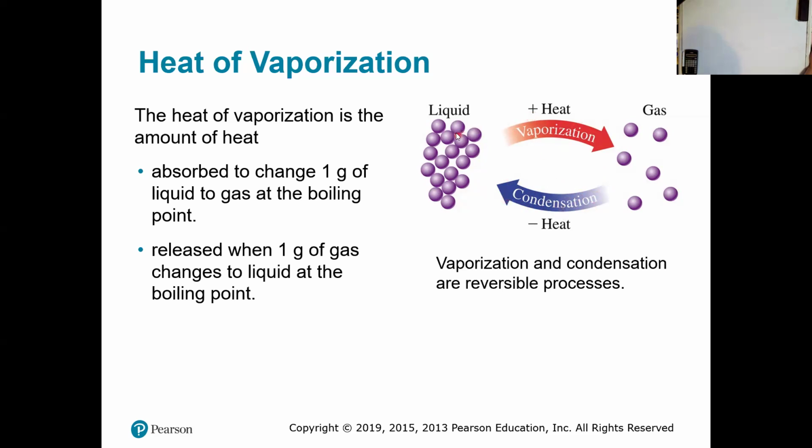So again, if it costs 10 kilojoules of energy for 1 gram of liquid to convert into a gas, that means that 10 kilojoules of energy would be released when 1 gram of gas converts into a liquid. Okay.